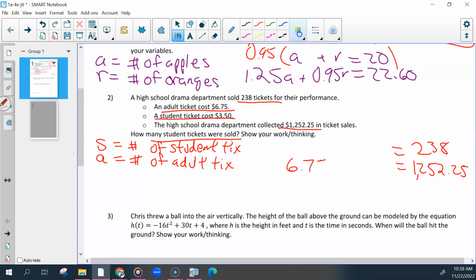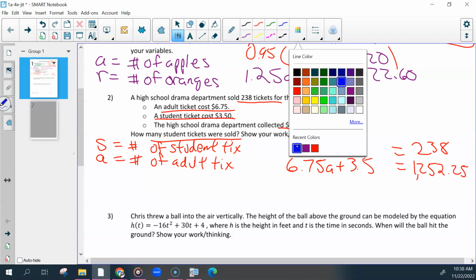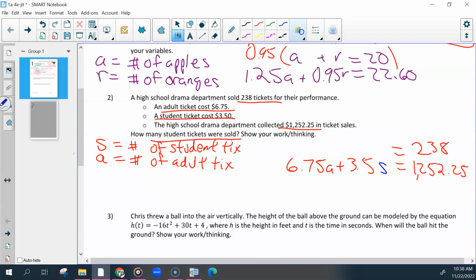So 6.75A plus 3.50S is going to be part of that equation. 238 represents the total number of tickets. S and A represent number of tickets. So A plus S will be that second equation.